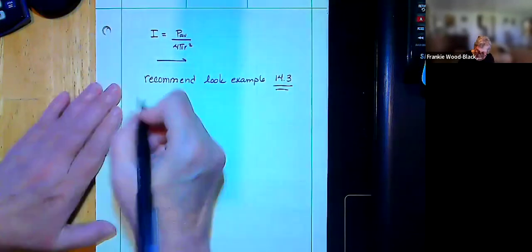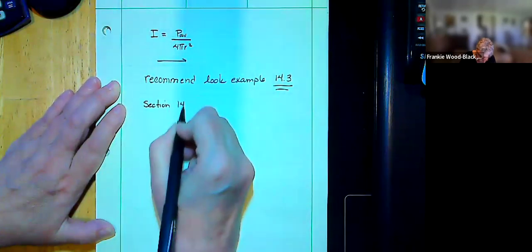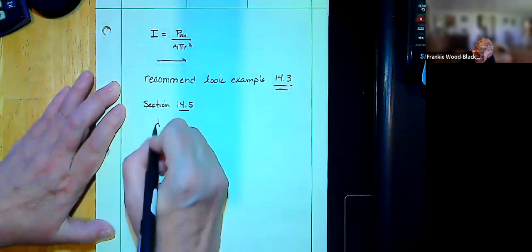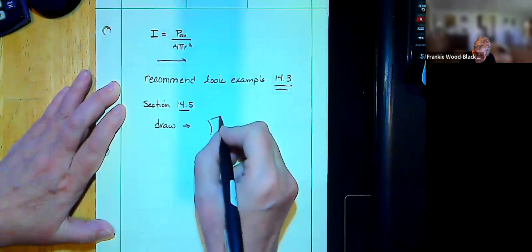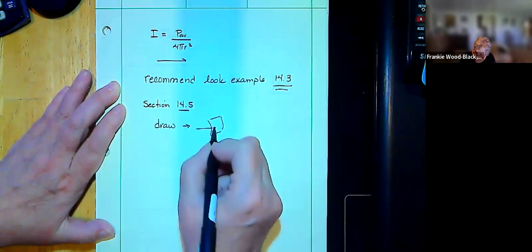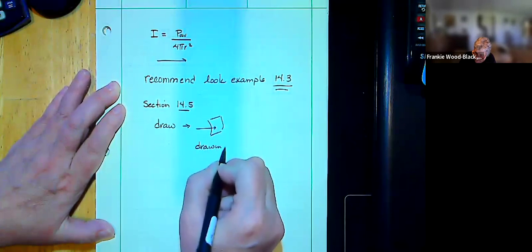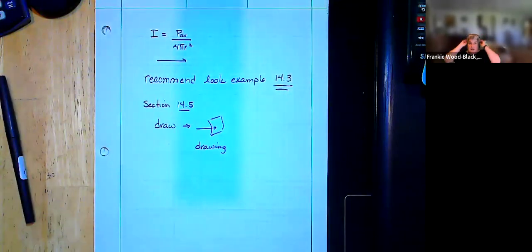And then section 14.5 will draw the wave fronts a little better than I can here. You can also look at the PowerPoint that I have, because the PowerPoint actually uses those drawings as well.